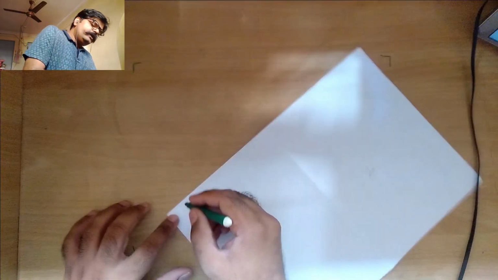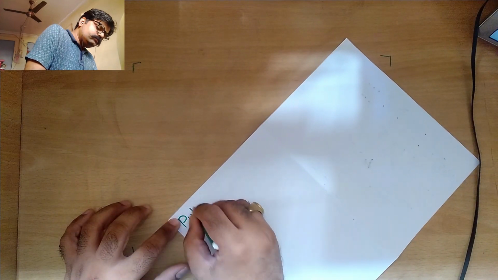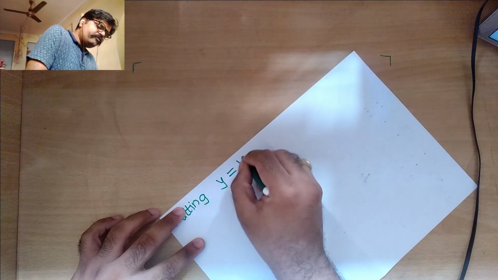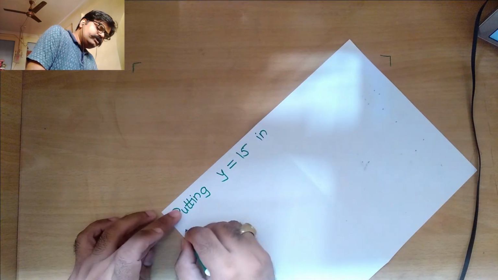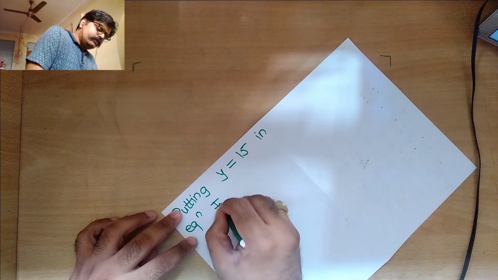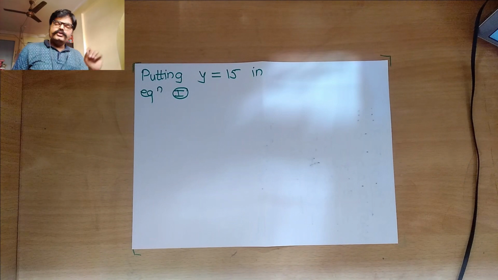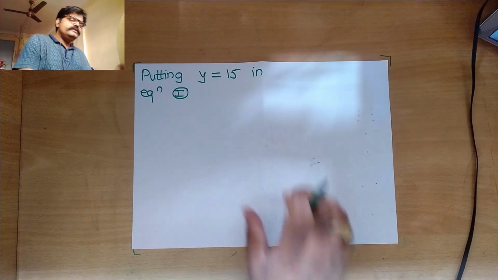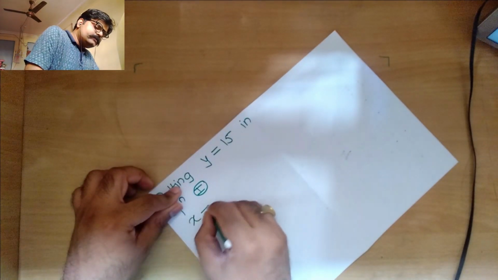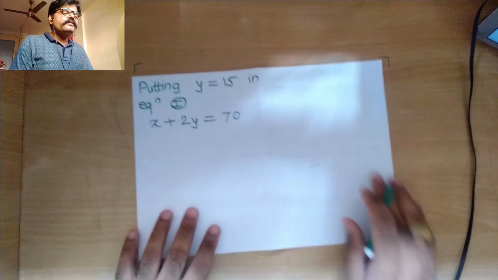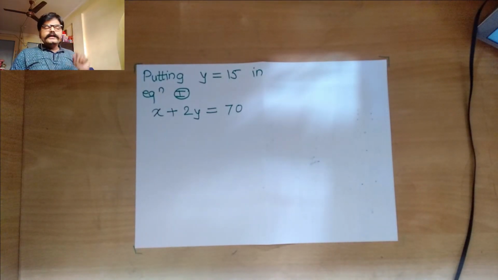Therefore, putting y is equal to 15 in equation 1. Let us see how our equation used to look: x plus 2y is equal to 70. That was our equation number 1, but this was before putting the value of y.